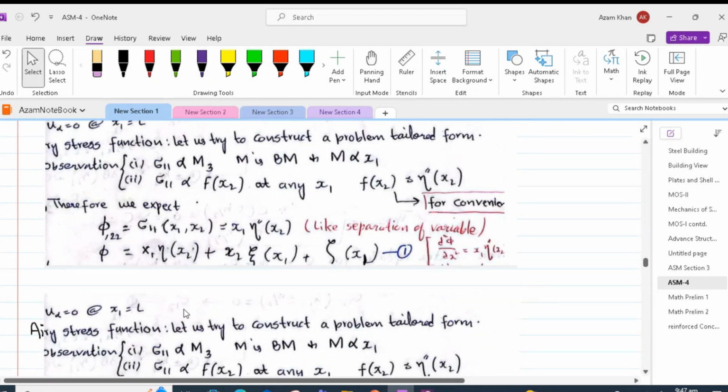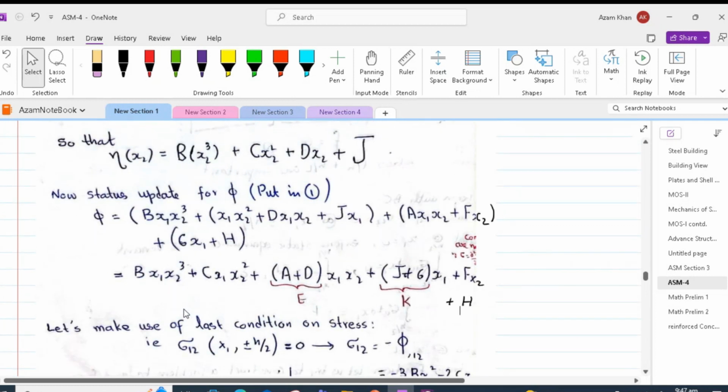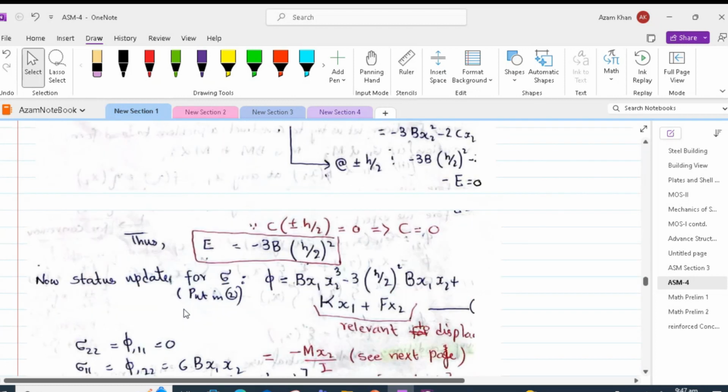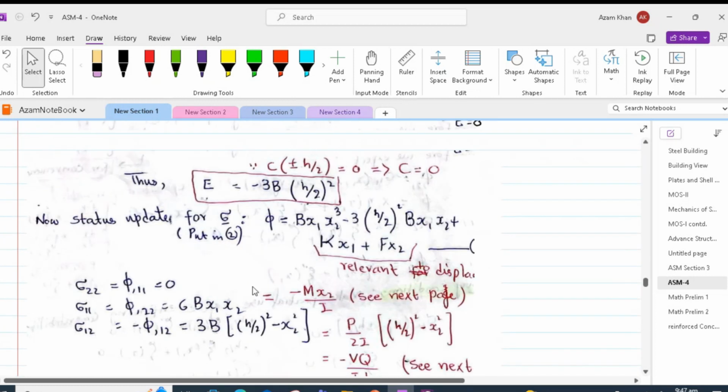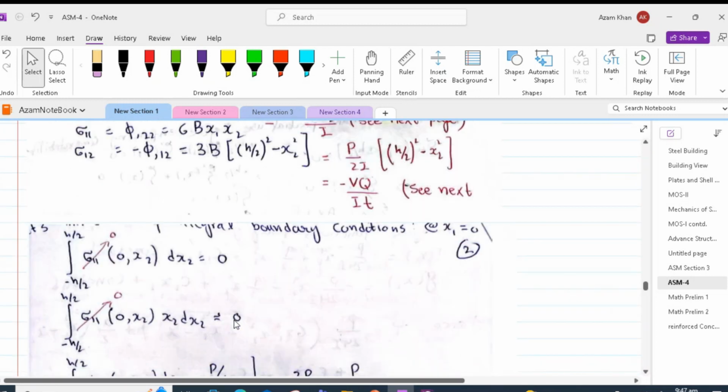So we can easily find out these constants also. But they are not relevant because without finding them, we can get all the information about stresses. So the stresses have got only one constant, which is b.